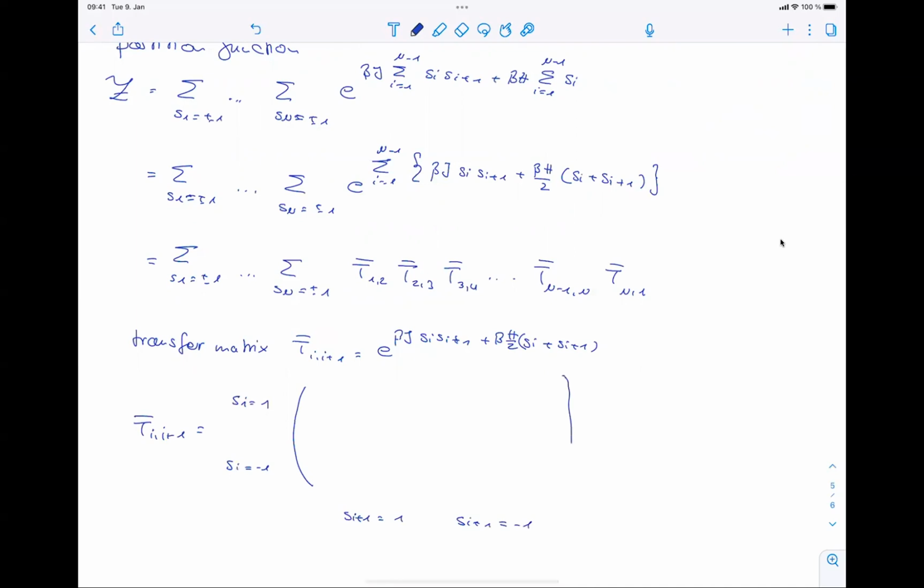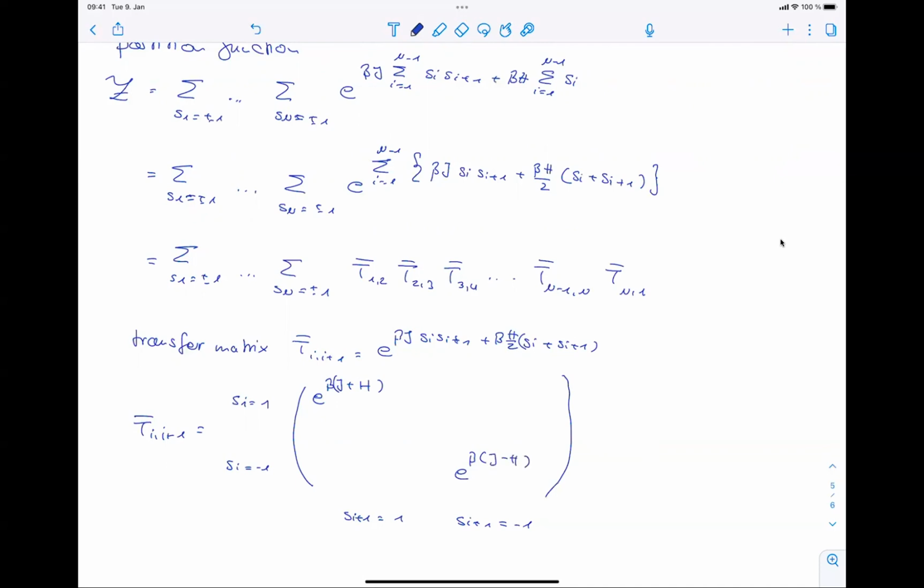And so the entries that I can have in this matrix are now, for both of them being 1, I get e to the beta J plus 1 plus 1 is 2, beta H over 2, so J plus H. And for both being -1, I have beta J, but a minus H contribution here.